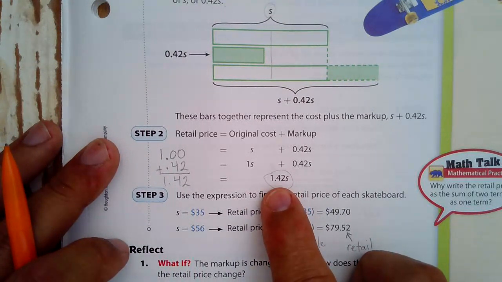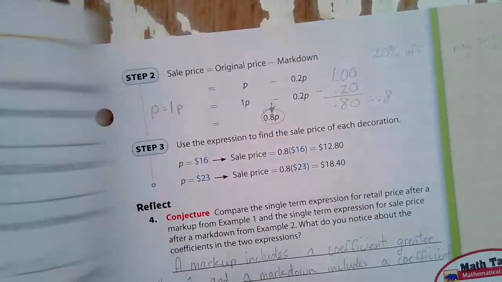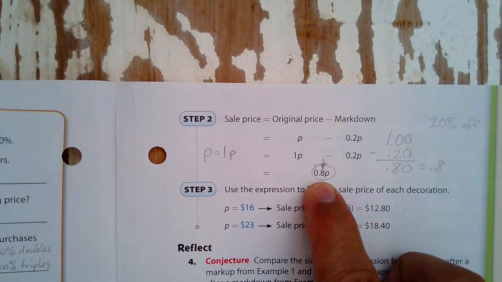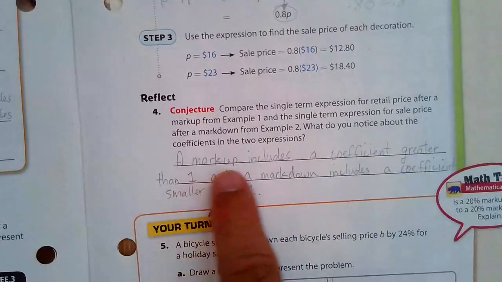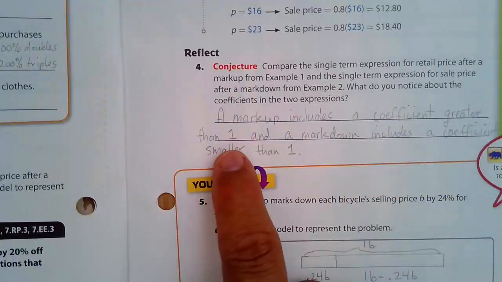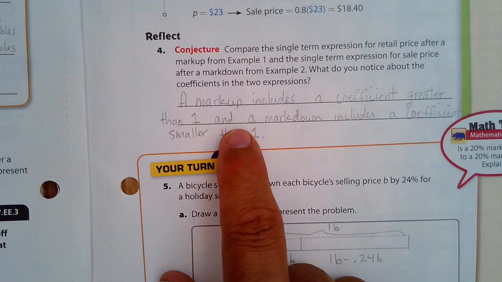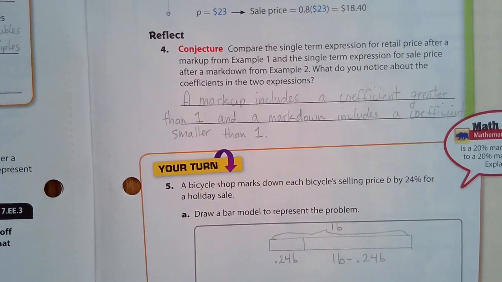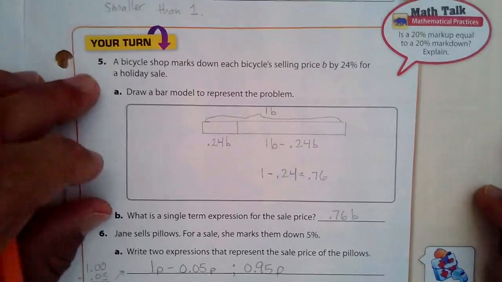What do you notice? The markup is greater than 1. And the markdown is less than 1, because if you multiplied by 1, it would not change the price at all. So a markup includes a coefficient greater than 1, and a markdown includes a coefficient that is smaller than 1.